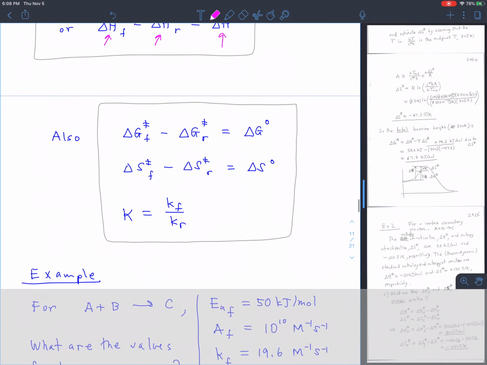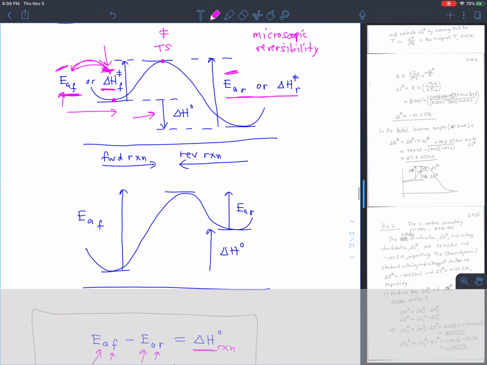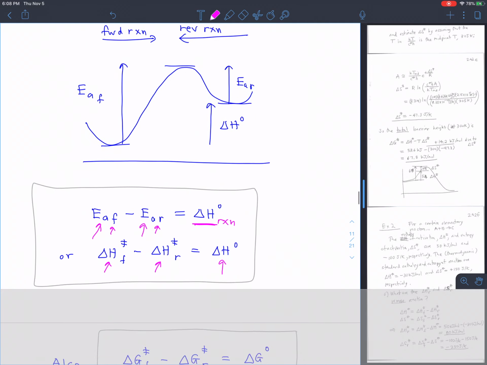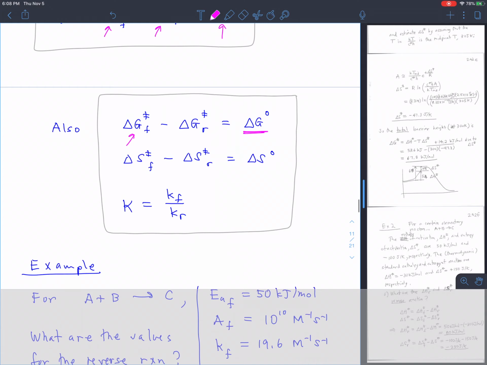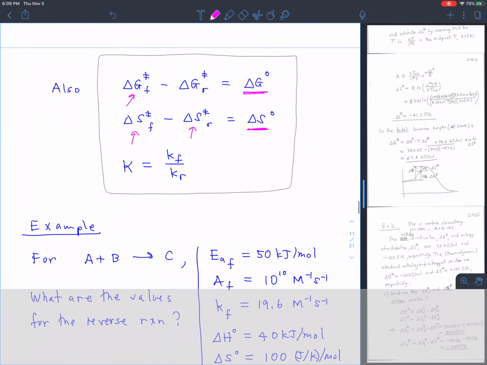And then there's a whole bunch of other quantities. There's a delta G, a free energy change for going from reactants to products from either direction, and the difference between those two is the delta G overall for the reaction. And there's an entropy change also. And so the difference, the entropy change going forward minus the entropy change going reverse, is the entropy change overall for the reaction. And another version of this same sort of relationship is the one we've already talked about.